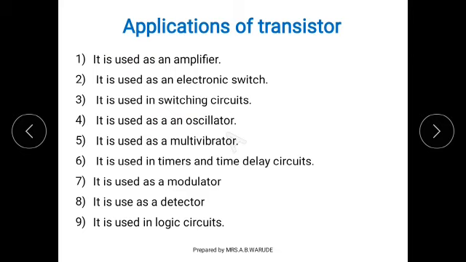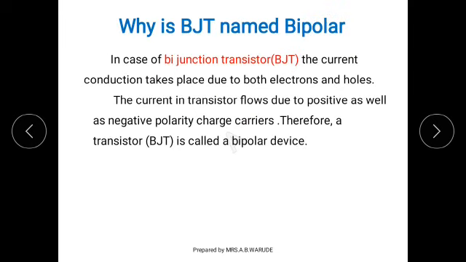It is also used as an oscillator. It is used as a multivibrator. It is used in timers and time delay circuits also. It is used as a modulator. It is also used as a detector, and it is also used in logic circuits. These are the applications of transistor.